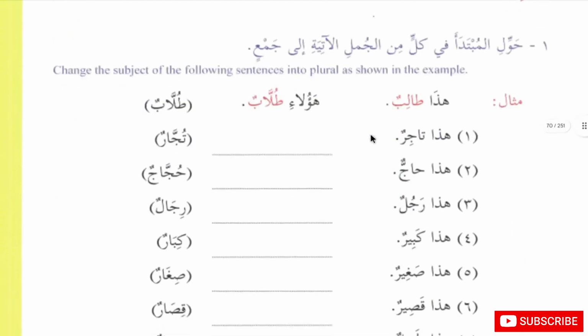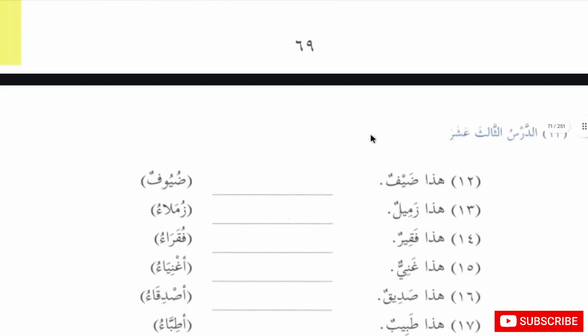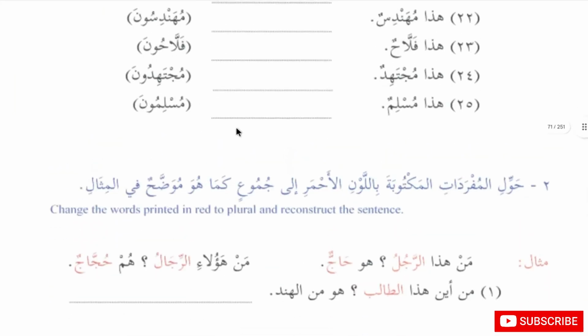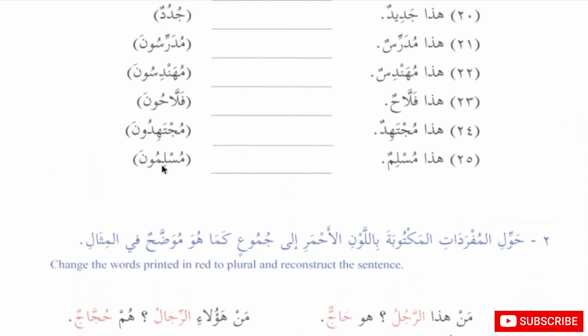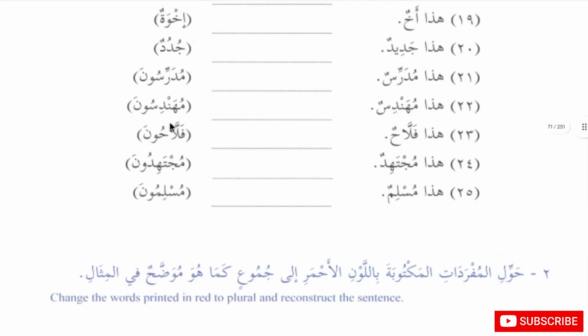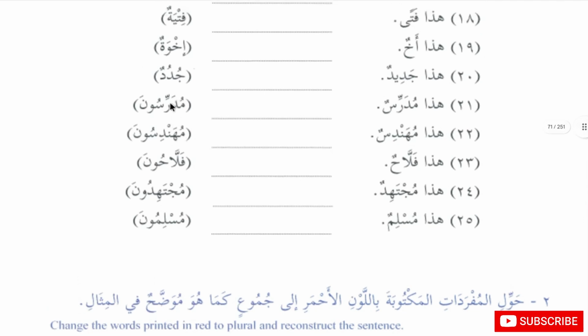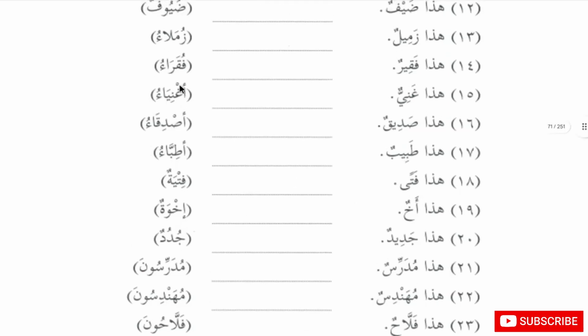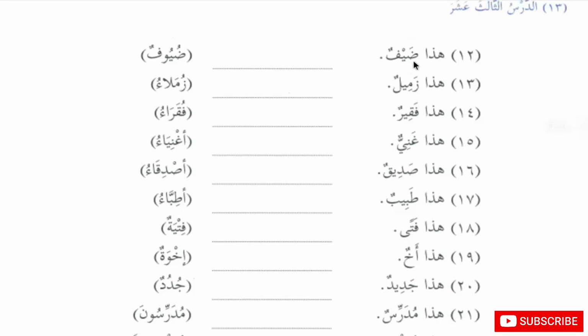Here's some more practice. So very important, like to work through all this. For example, Muslimun. So Muslim, Muslimun, this is a male plural. Mustahidun, Fallahun, Muhandisun, Mudarrisun. And then here are all the broken plurals that don't follow that same pattern. So Jadid, Judud, Ikhwa, Fitya, Tabib, Atibba, Astika, Aghniya, Fuqara, Zumala, ضيف, guest, ضيوف, guests.